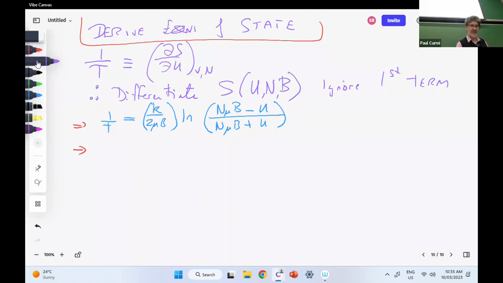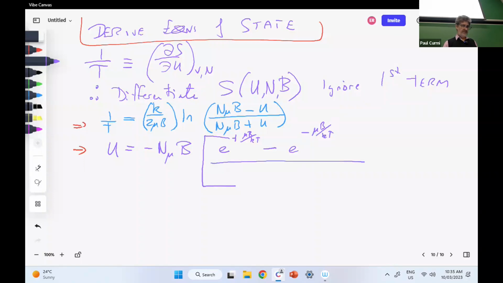I get that U, the energy, is minus N mu B times something that looks horrible but really isn't: e to the plus mu B over kT minus e to the minus mu B over kT, divided by e to the plus mu B over kT plus e to the minus mu B over kT.